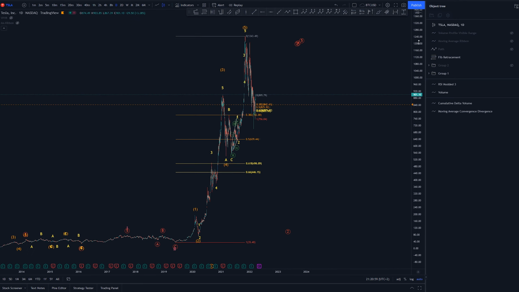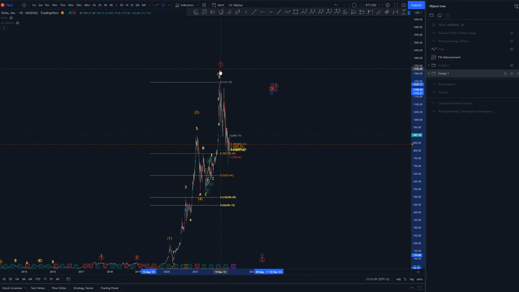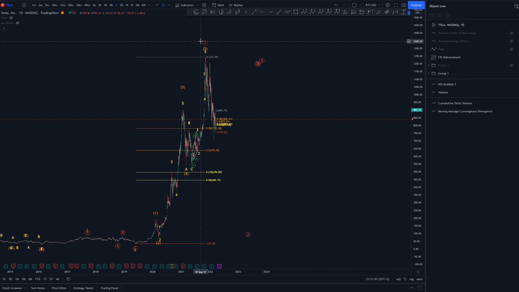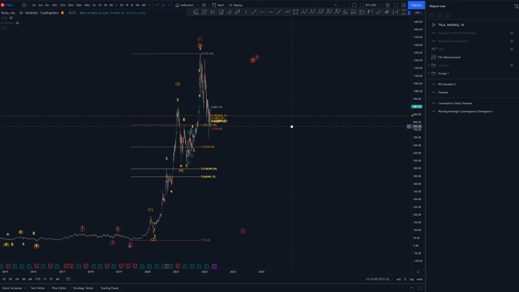So this is the start of the primary 1 up to the top of primary 1, and on wave 2s we're looking for down movement around, this is the lowest basically, 0.382, then 0.5, and here is the golden pocket all the way down here around 500 lows.